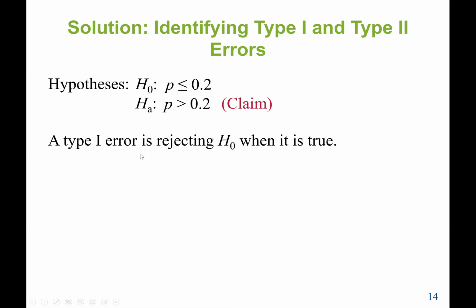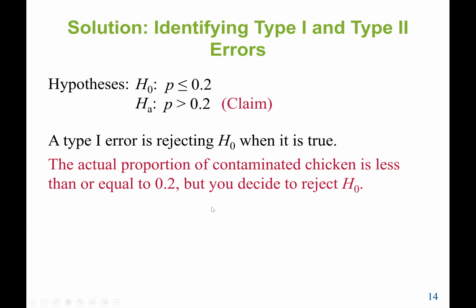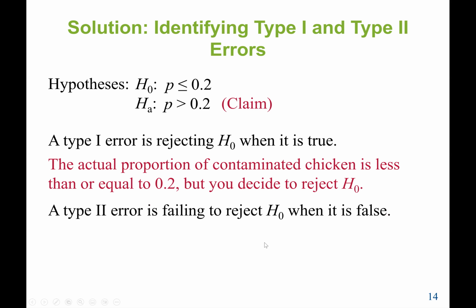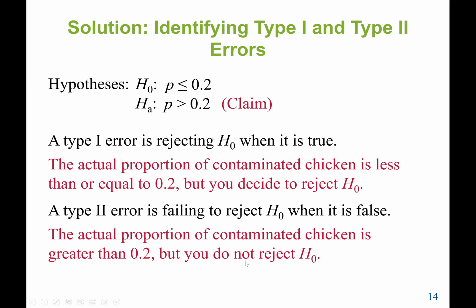Now, type 1 error is when we reject HO when it's actually true. Here, the actual proportion of contaminated chicken is less than or equal to 0.2, but we decided to reject HO. Type 2 error occurs when we fail to reject a false HO. Here, the actual proportion of contaminated chicken is greater than 0.2, but we do not reject HO.